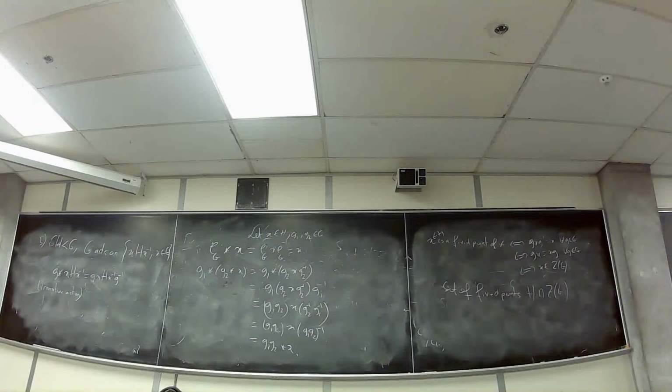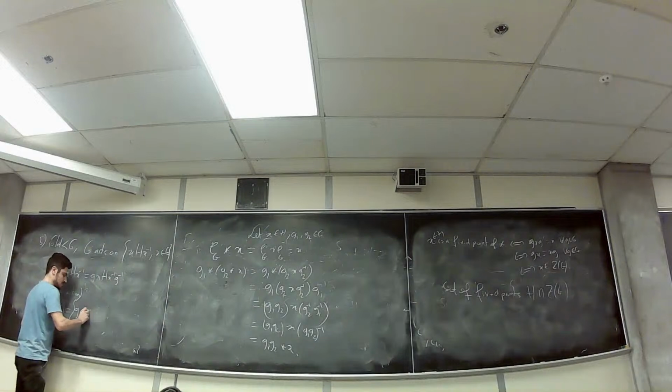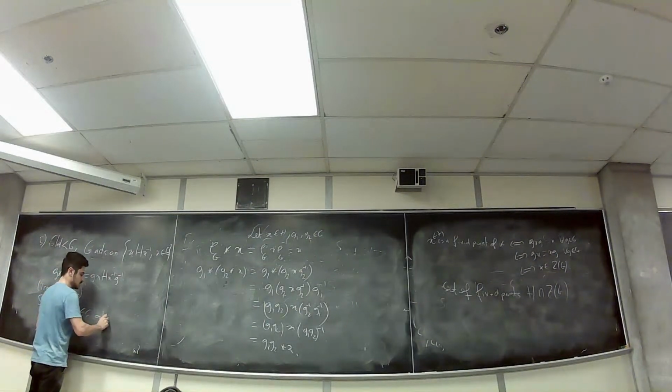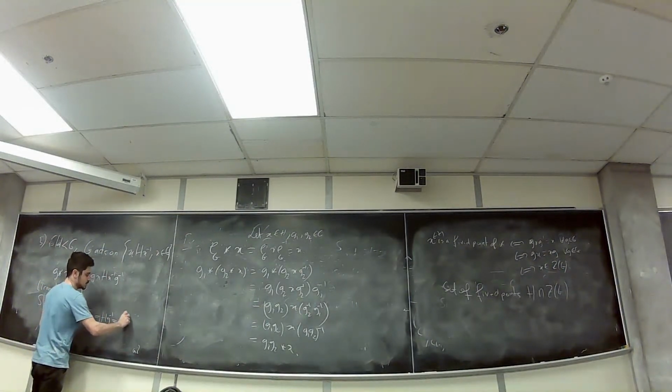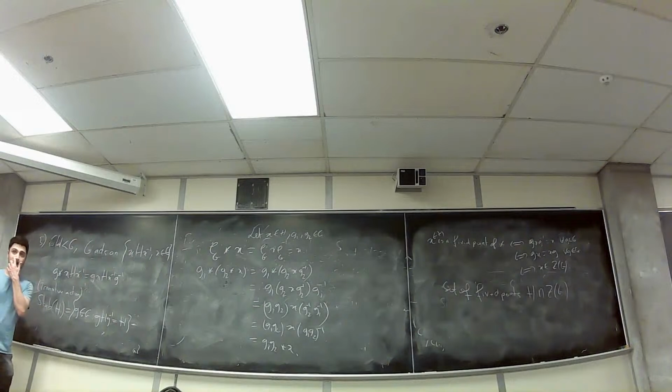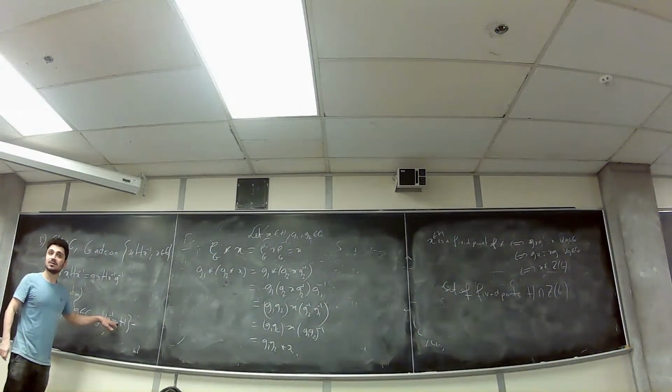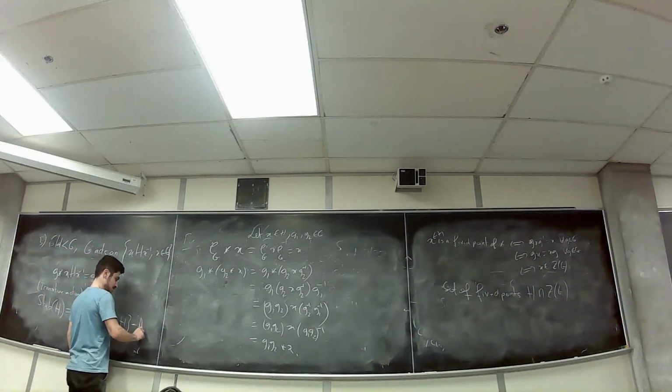What is the stabilizer of H? It's just the set of G in G such that G H G inverse is equal to H. What is that equal to? What is this called? Normalizer.